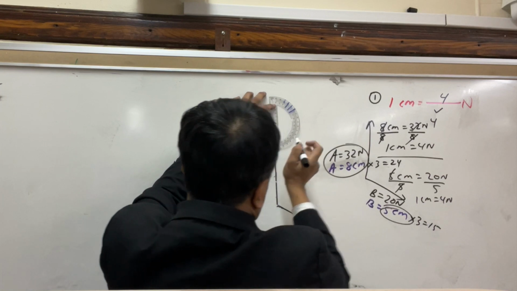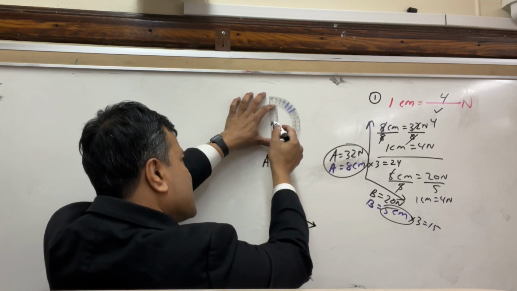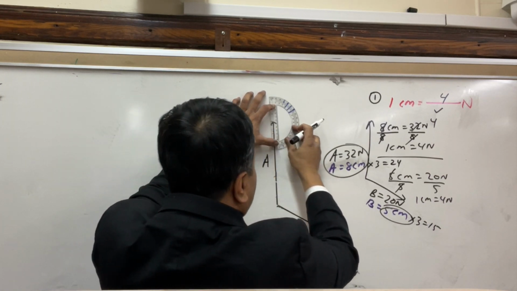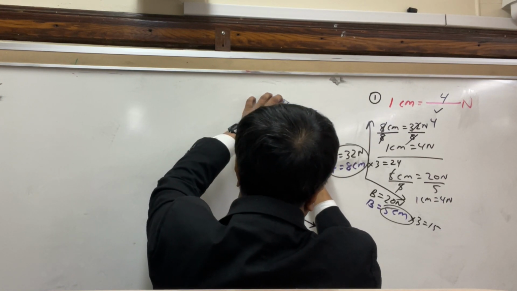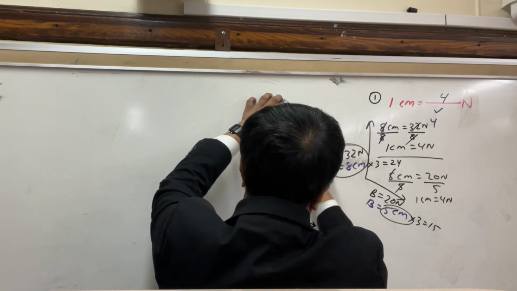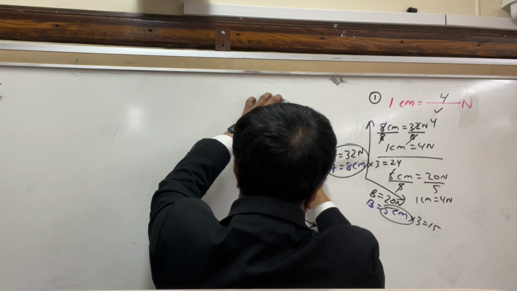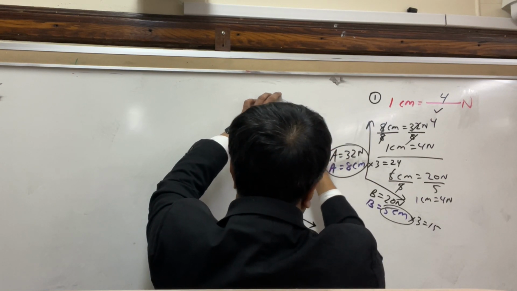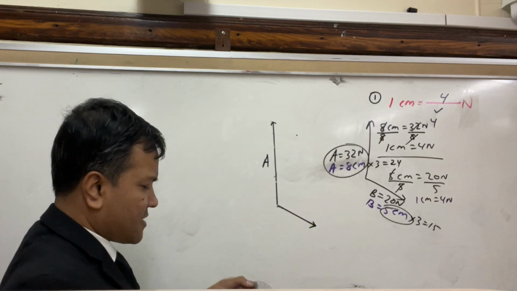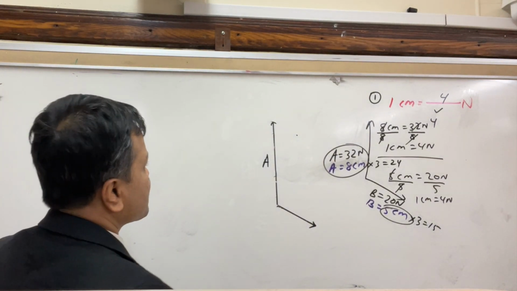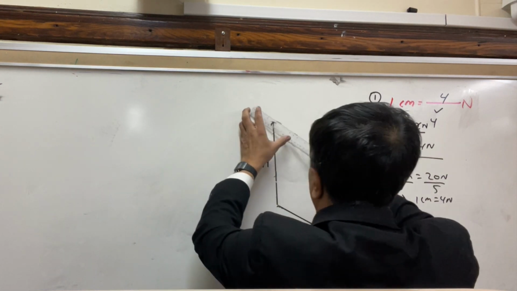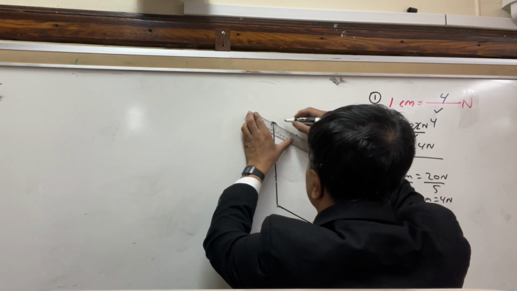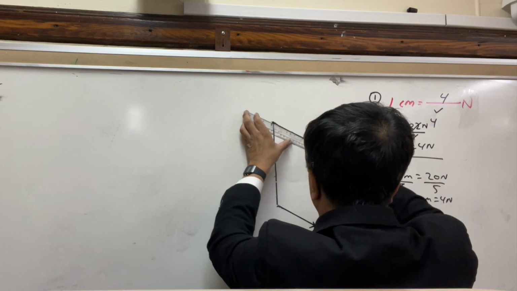So I put a hole over here on the arrow. There is a small hole on the protractor. All right, and then I put the dot at 60 degree. So this is the 60 degree. All right. So now I'm going to connect this to the dot, as big as possible.